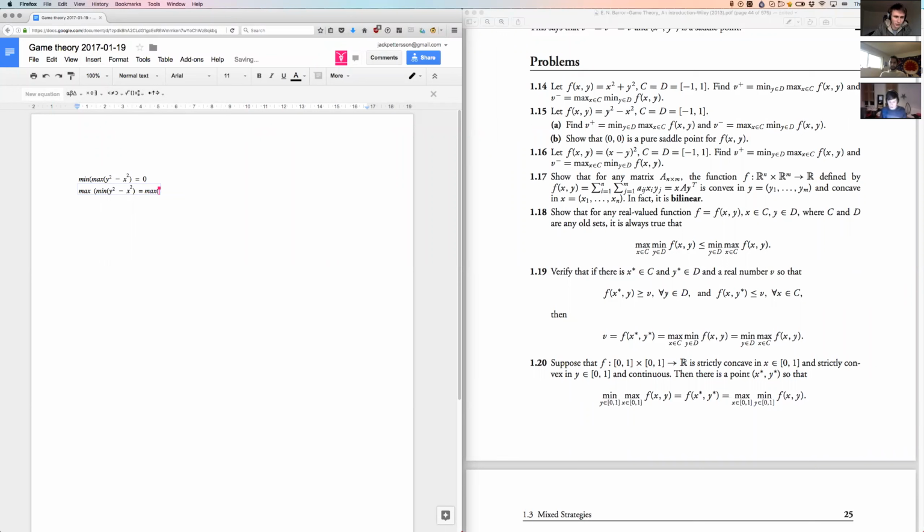However, in this case, we can just know that y will have to be 0 to be minimized, because anything above or below 0 is going to be squared, so it's greater than 0. So that means that it instead would be negative x squared, because our y is going to be 0. So 0 minus x squared. And now we have to max that.